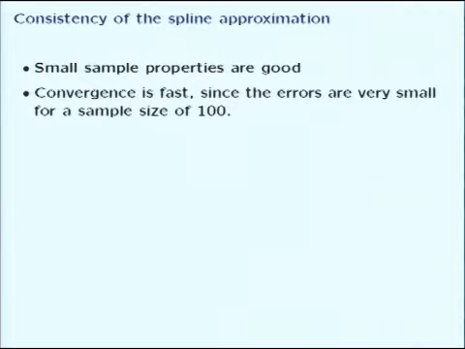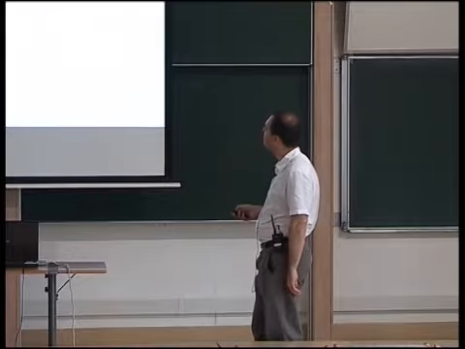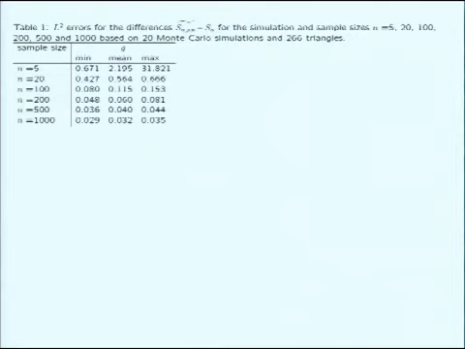So I said here that the small sample properties are good. Well, what does it mean? It means that after looking at this table, sorry, it's very small. I should have made it larger. But you see, when the sample size is only 5 surfaces or 20 surfaces, this is the empirical L2 errors for the differences between the estimate and the real value.